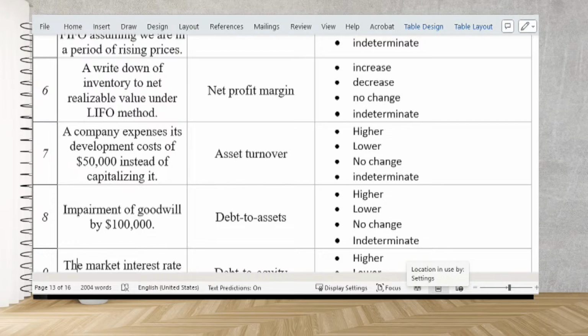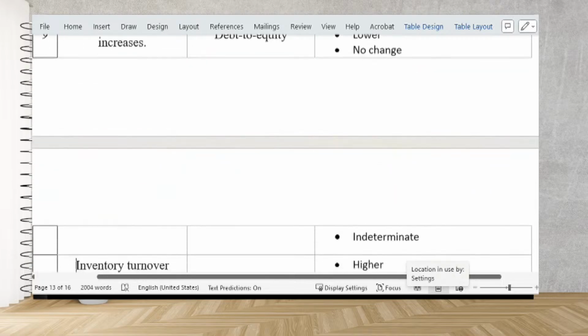Asset turnover is basically sales divided by the asset. So the value of the expensed cost is out, so the value of the asset is less. So it is higher than 8. Correct.